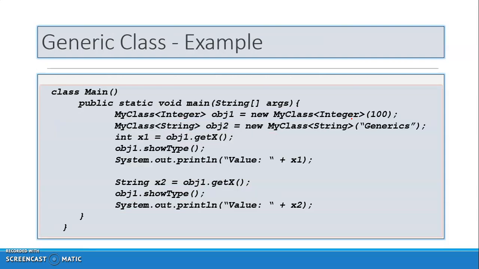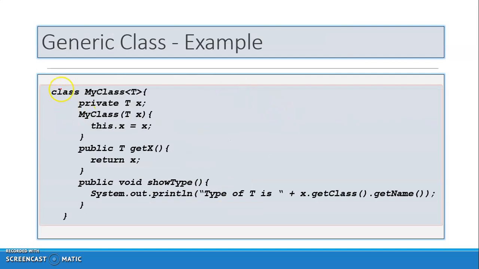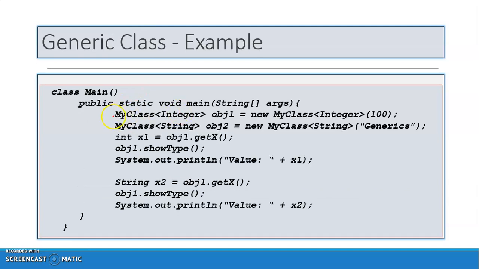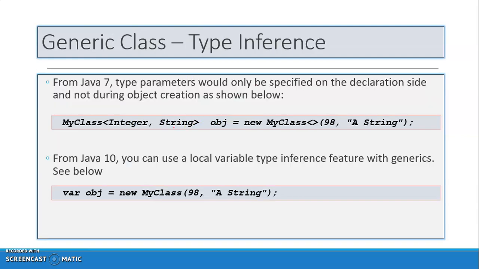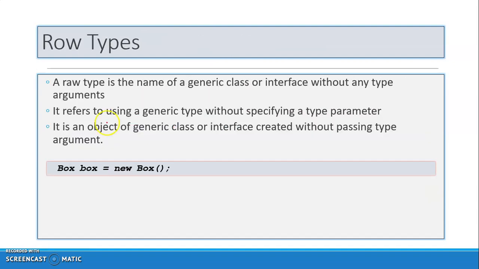For example, in this example, we came up with this class, and this is a generic class, MyClass, with the type parameter T. It means when we're creating objects, we have to specify what T is. And here we were creating the first object, object1, and our T now is Integer. We're specifying that. But you can create another object without specifying these things, and if you do so, that becomes a raw type. That's what we are saying here.